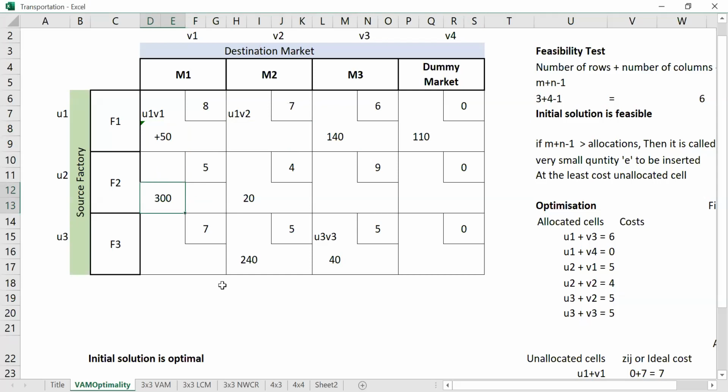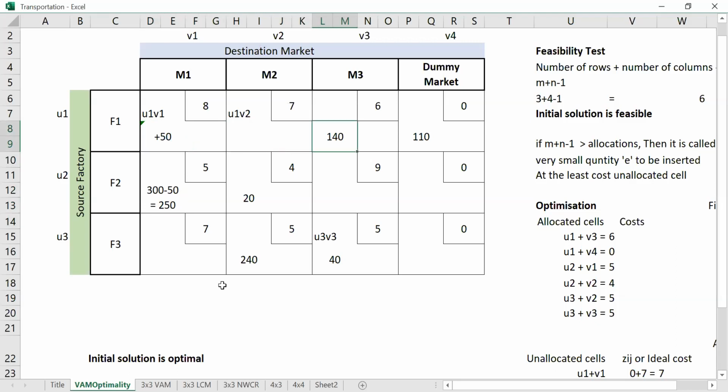We already have 300, so I need to reduce 50 here, which will make it 250, because I need to maintain the total demand for the market. It should not be more than 300.